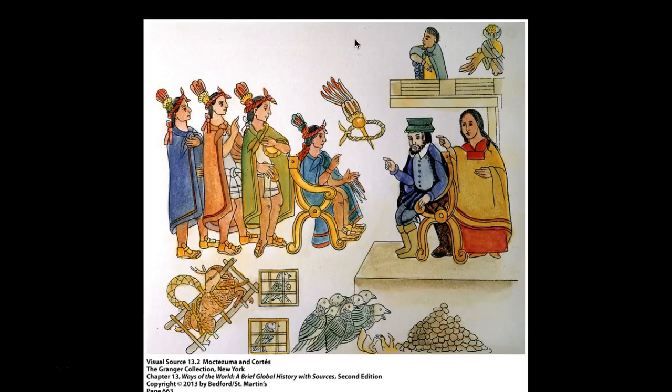On top looks like the hand of God and perhaps a priest providing prayers. In some ways it looks like they're almost equal, but Cortes and Doña Marina appear a little bit larger, even though they are sitting. Their faces appear a little bit larger, and they seem a little bit more powerful and more confident. Moctezuma has three men behind him, but they're all sort of leaning backwards. It's kind of an interesting image.